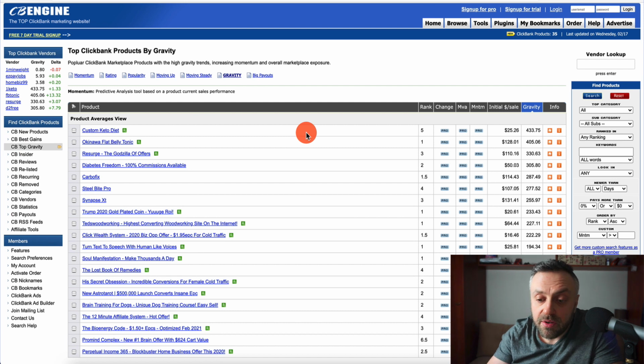And so what is gravity? Gravity is a formula used by ClickBank in order to calculate how profitable that specific offer is, how many affiliates are promoting it, and how many affiliates are making money with it. The technical details of that formula are not very important, you can research more about it if you want.